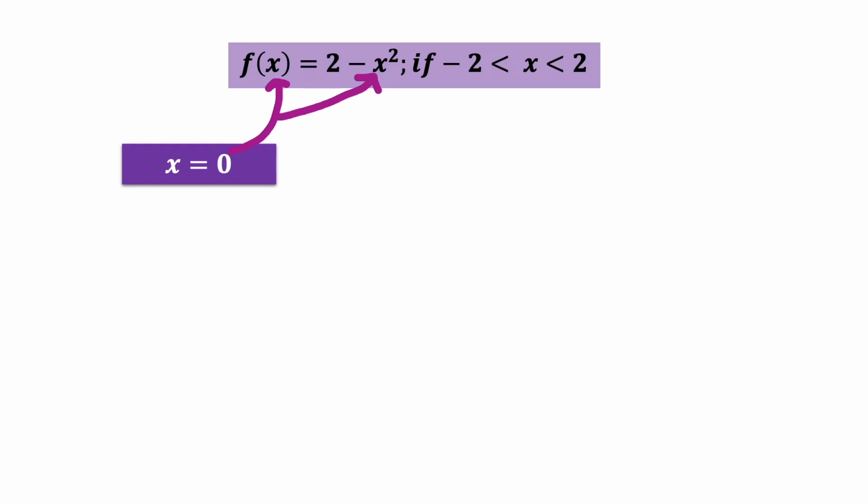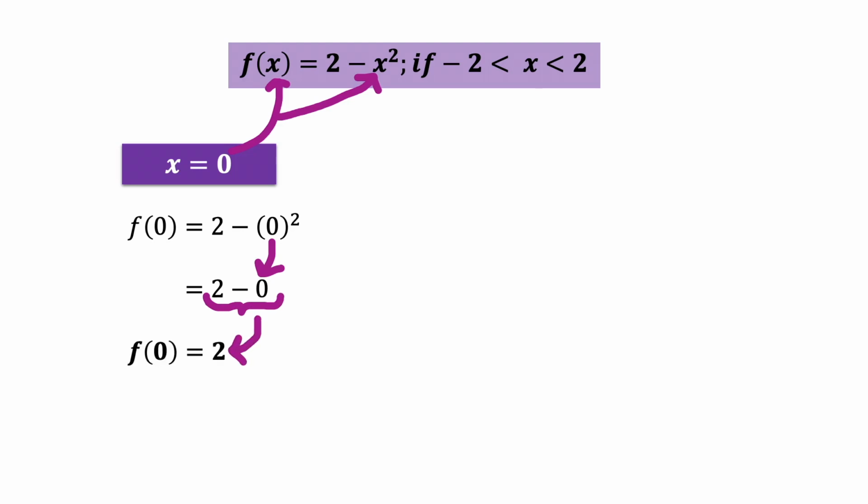We will have f of 0 equals 2 minus quantity 0 squared. Now, 0 squared is 0. Then, 2 minus 0 is 2. Therefore, f of 0 is positive 2.